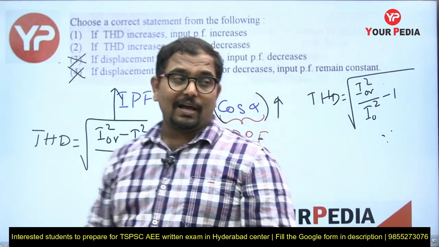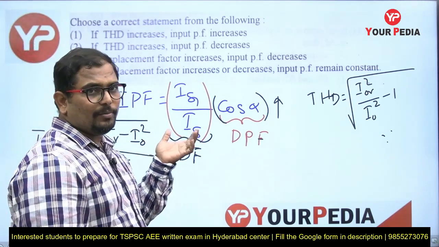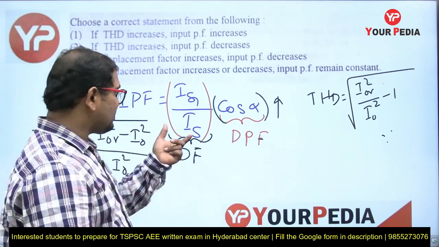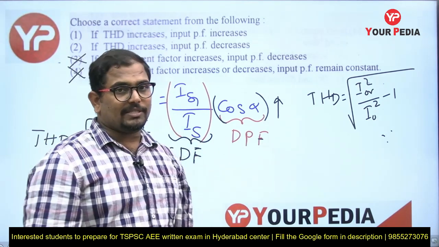So if you take the current distortion factor, IS and I naught both will be same if the circuit is carrying a constant current. If the circuit is carrying a constant current, both IS and I naught will be same.